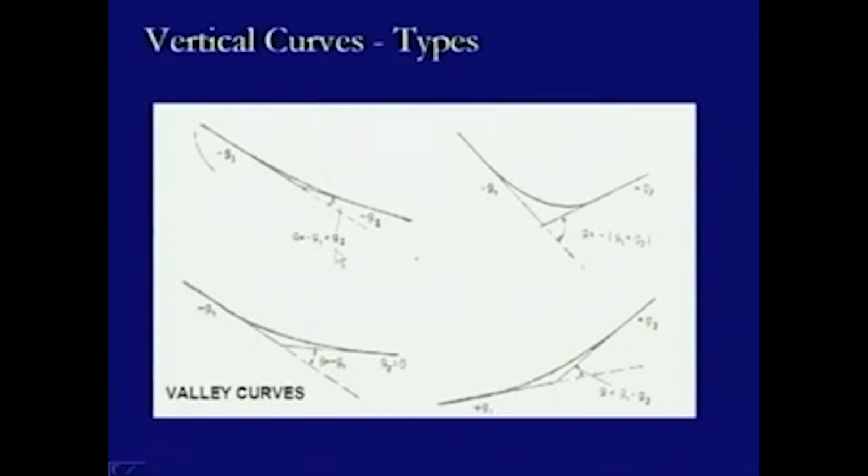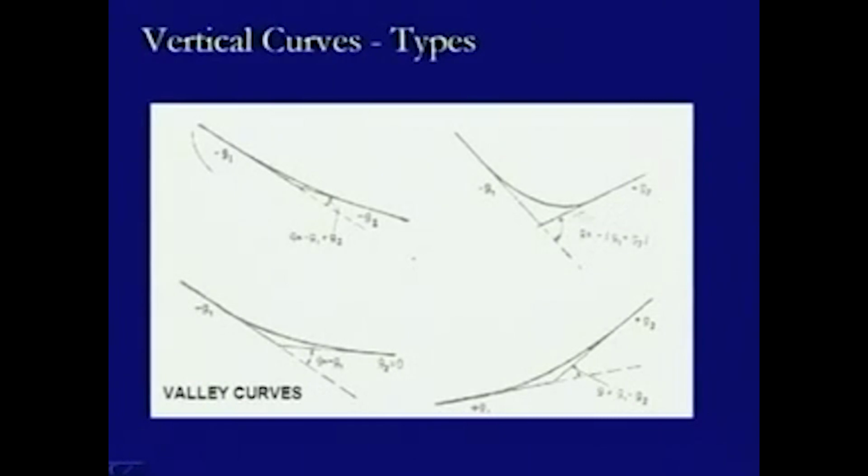So, what we do is this is minus G1 minus of minus G2, therefore, it will be minus G1 plus G2. Similarly, here we have a downgrade which is followed by an upgrade. So, this is minus G1, this is plus G2, and it is smoothened out by this curve like this. So, the kink is removed and we have this angle. So, this is minus G1 minus plus G2. Therefore, this will be minus G1 minus G2, or minus in bracket G1 plus G2.